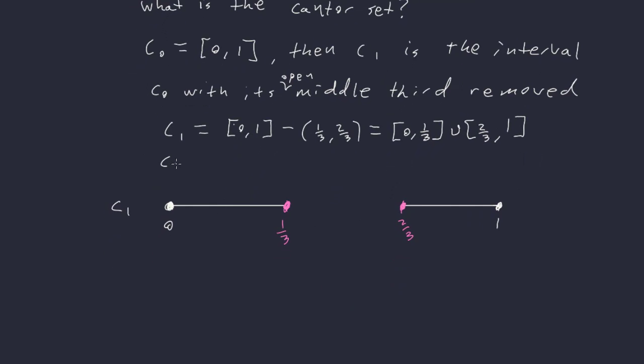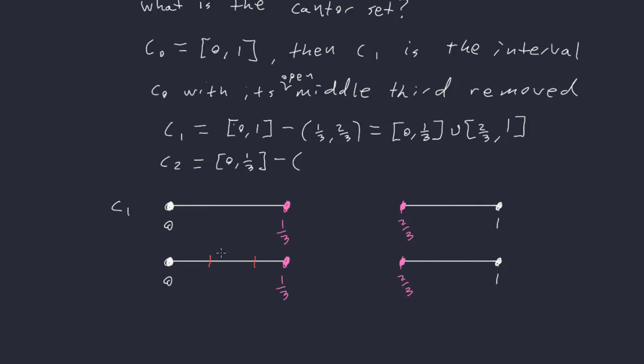Okay, then C2 is C1 with the middle thirds removed again. So it's the first piece, 0 to 1/3, minus its middle third. And I'll do this one in red. Okay, so here I just duplicated C1 and moved it down here. All right, and in red here, I'm going to chop this piece into thirds.